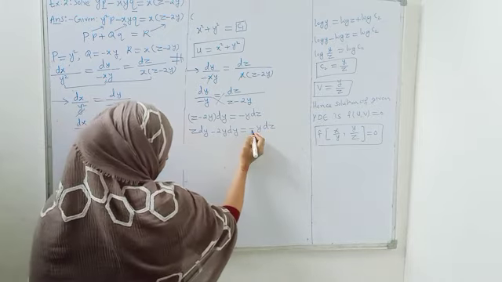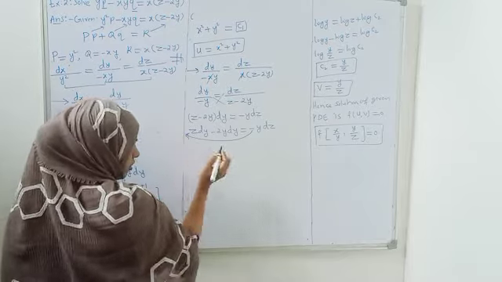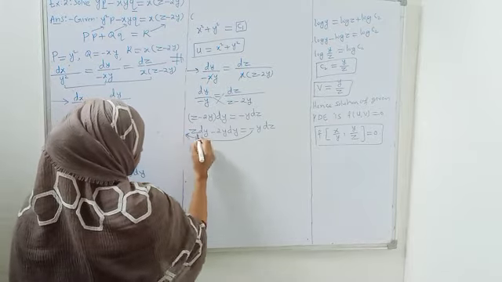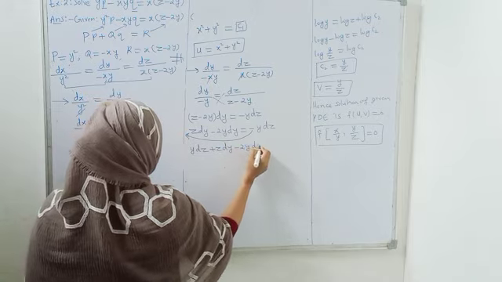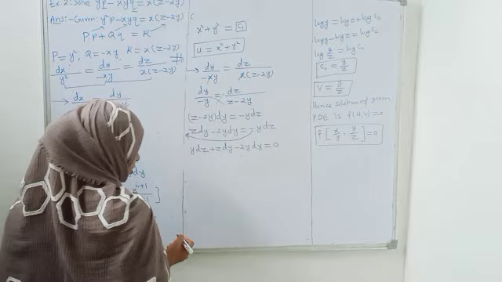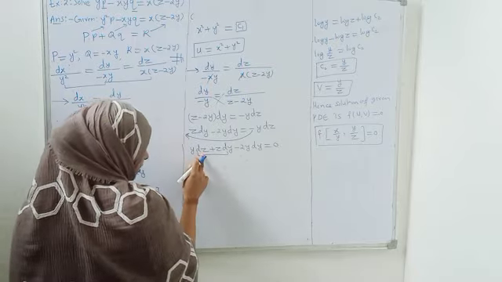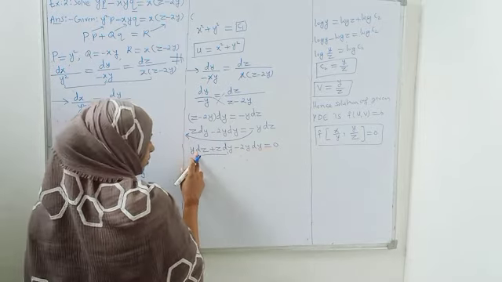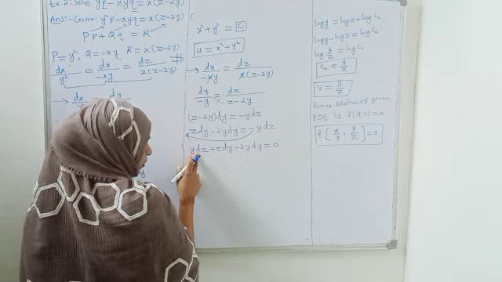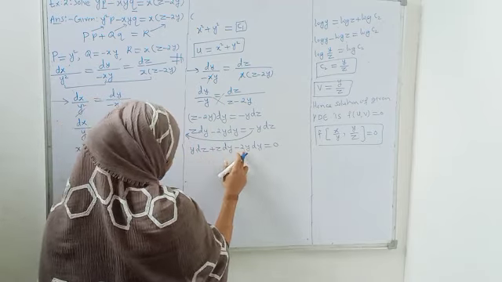Now take the term minus y dz to the first side. Adding, we get y dz plus z dy minus 2y dy is equal to, let us put, 0. Now students, this y dz plus z dy minus 2y dy is not an integrable quantity. y dz we can't integrate, z dy we can't integrate, but 2y dy we can integrate.